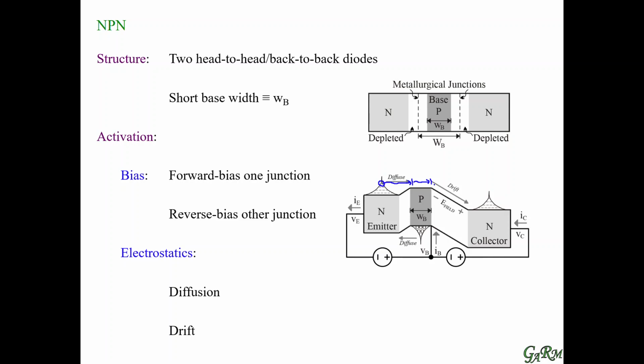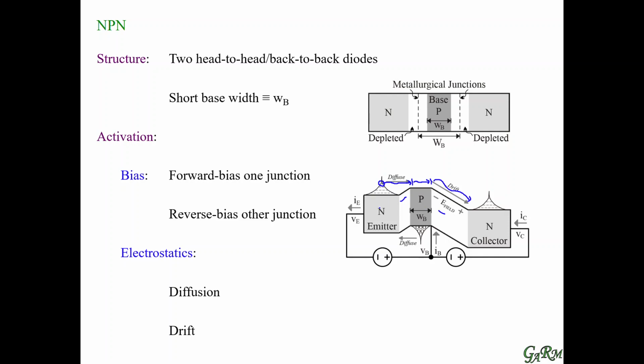And since we have reverse bias on the other junction, they're swept across into the extreme opposite end of the device. And this action of the electrons going all the way from the left to the right is the activation action that we're seeking and that we achieve by forward biasing the left junction and reverse biasing the right junction.